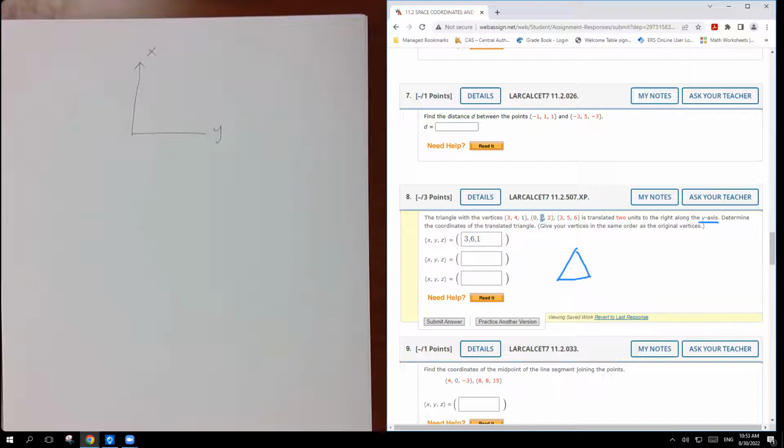The second point is going to be 0, comma 8, comma 2. And the third point is going to be 3, comma, and 5, you're going to add 2, it's going to be 7, comma, the last one is going to be 6.